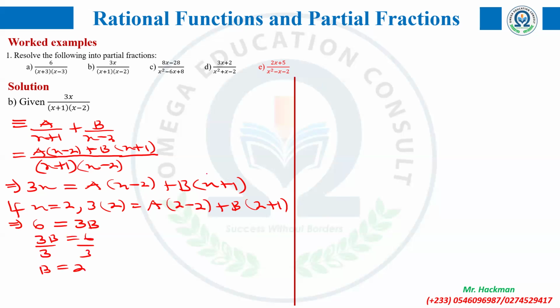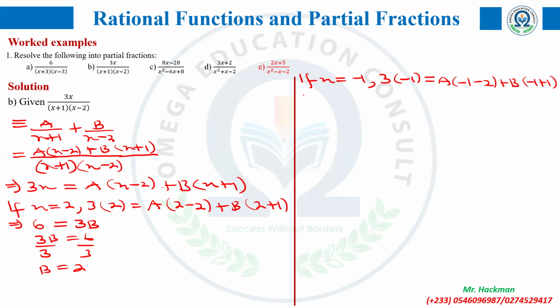So if I cover up the B, if I want this to go, x must be equal to negative 1. So if x is equal to negative 1, I will get 3 into negative 1, should be equal to, I'm substituting that here, A into negative 1 minus 2, then plus B into what? Negative 1 plus 1.